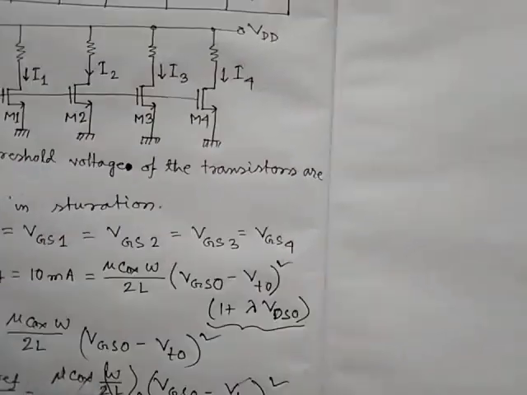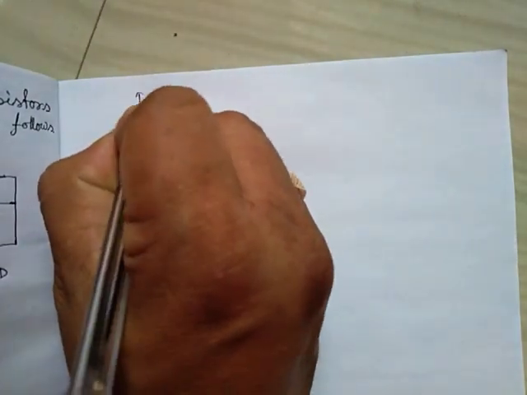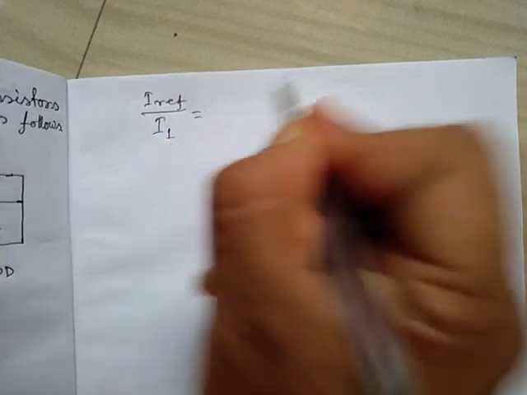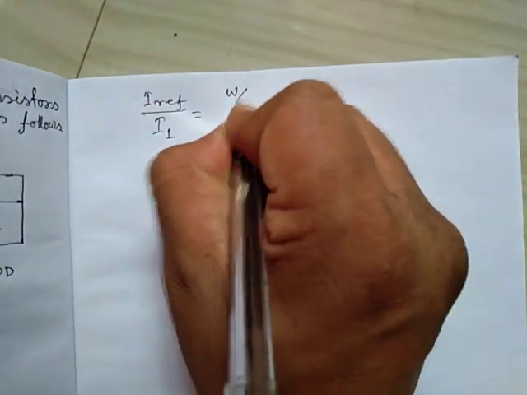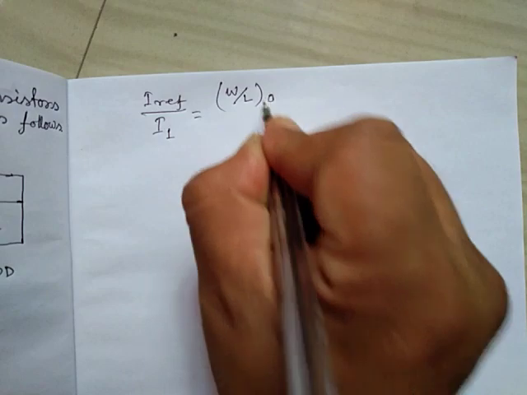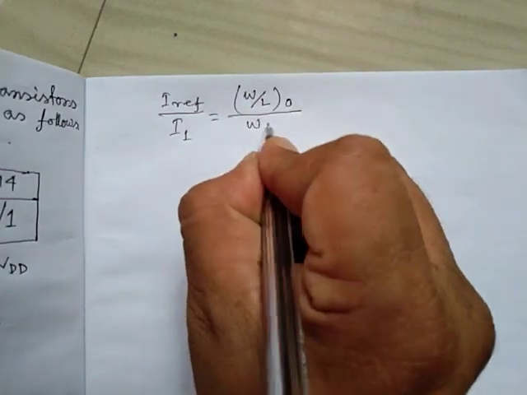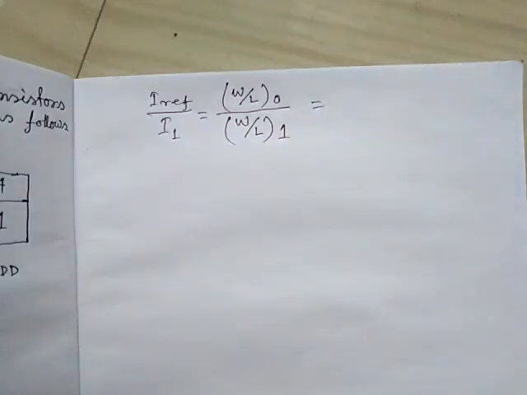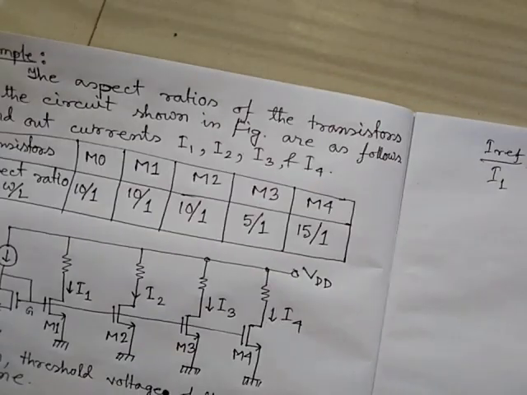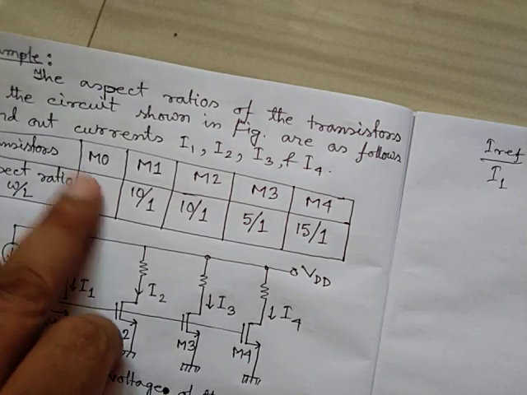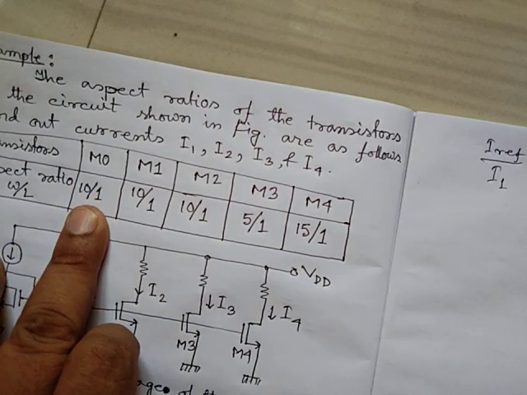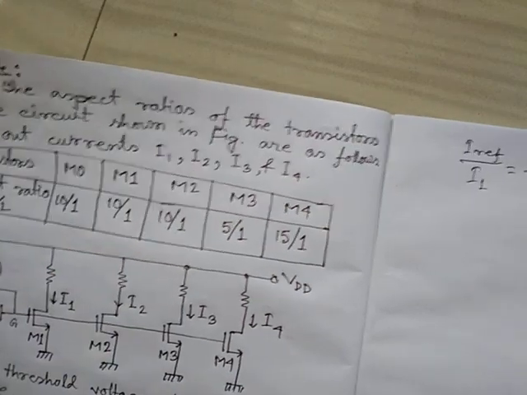So from here we can see that I reference by I1 equals W by L for transistor M0 by W by L for transistor M1. From the given information, the W by L of M0 is 10 by 1 and M1 is 10 by 1.